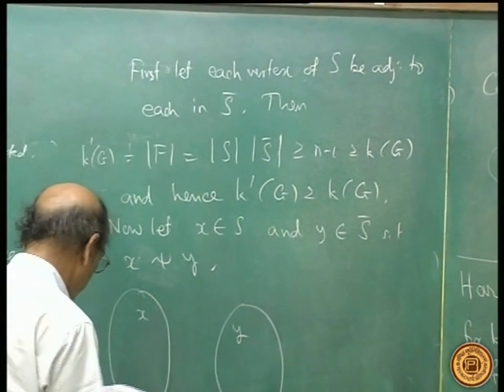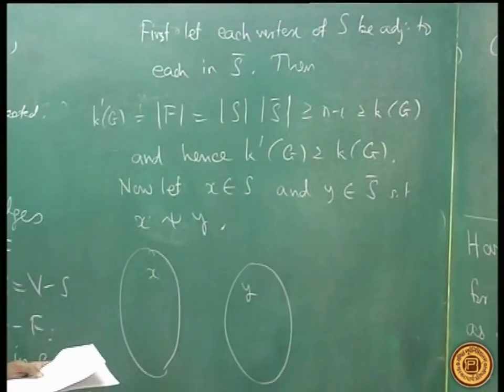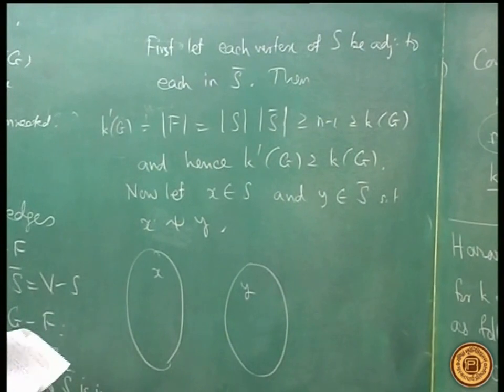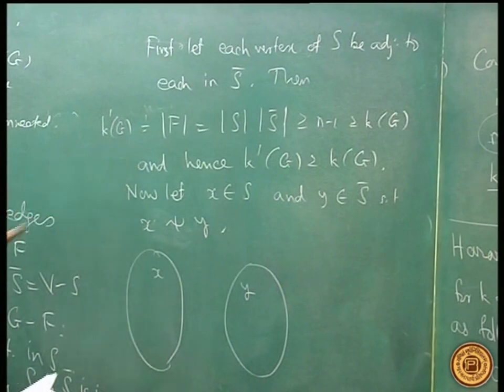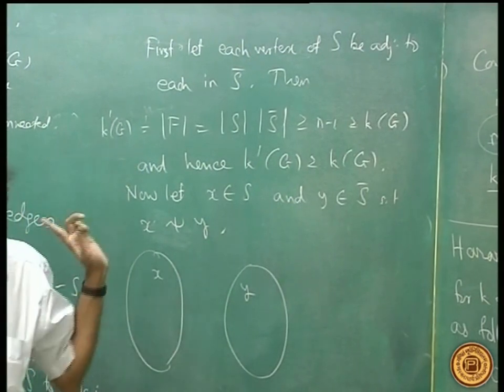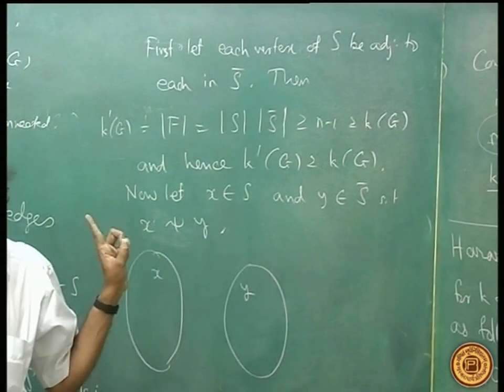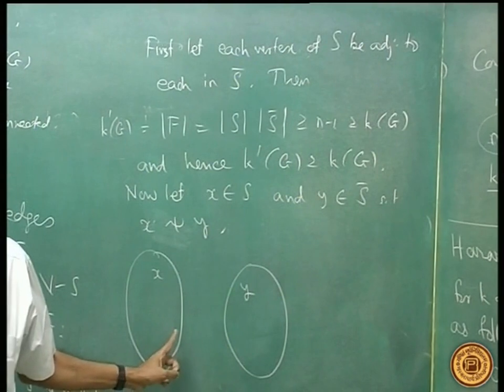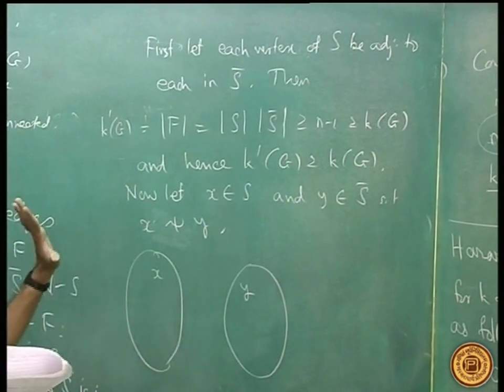There is no edge from x to y. What we will do is, we will then show that this edge cut F has at least as many edges as a vertex cut, and we will show that that vertex cut has size smaller than or equal to that of F.